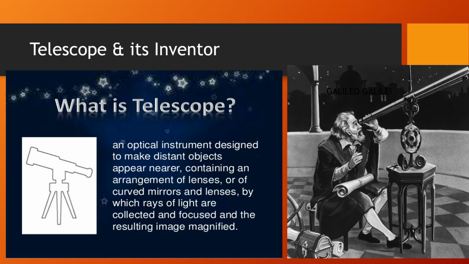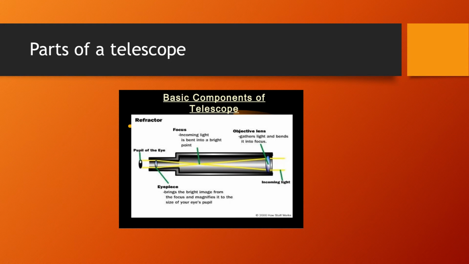Now, we will see the telescope. Who invented the telescope? Yes, the telescope was invented by Galileo Galilei. And then what is a telescope? It is an optical instrument used to view distant objects much nearer to your eyes. Let us see the parts of the telescope. The major parts of the telescope are the objective lens, focus, and the eyepiece.